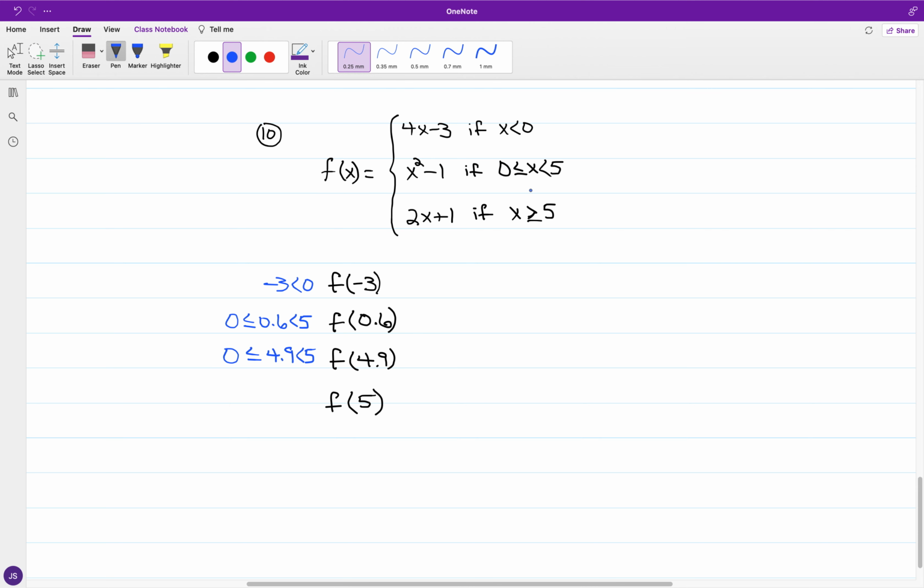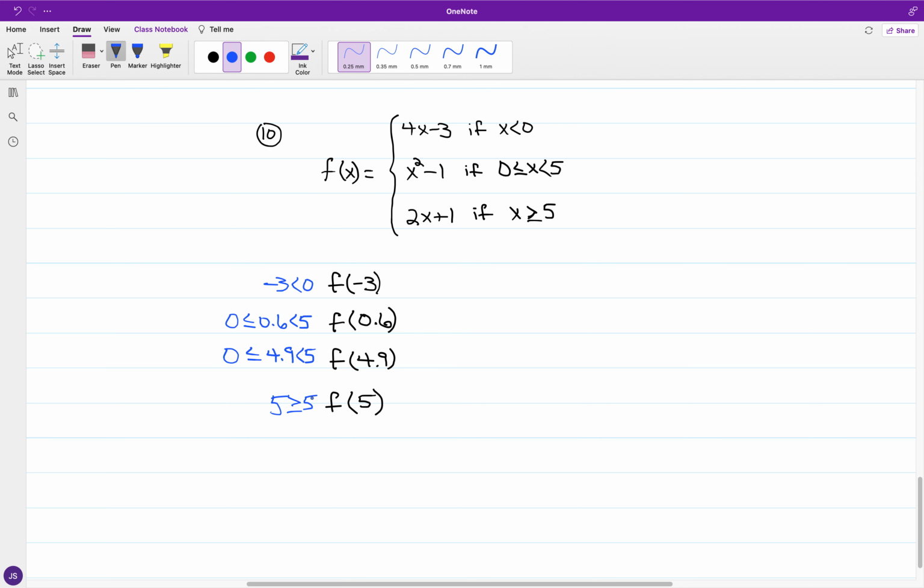So 0 is less than or equal to 5, it is less than 5, so that part is true. However, 5 cannot be less than itself. So the second statement is disqualified in terms of where 5 belongs, but with the last, 5 is not greater than itself, but we do have it to be equal. So thanks to the equal sign appearing, this last statement or inequality is going to apply.